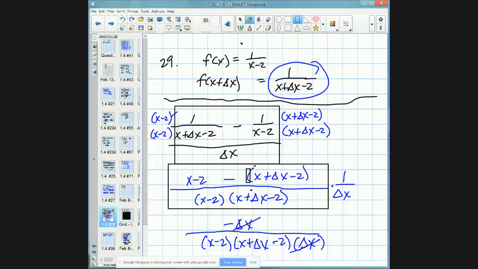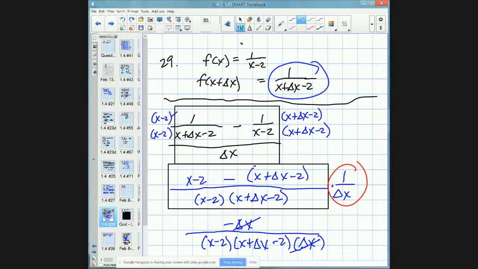Please notice I had to put parentheses around this second thing here. Now, instead of dividing by delta x, I did this. If you divide by delta x over 1, isn't that the same as multiplying by 1 over delta x?